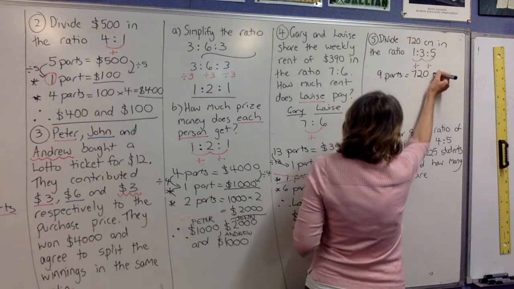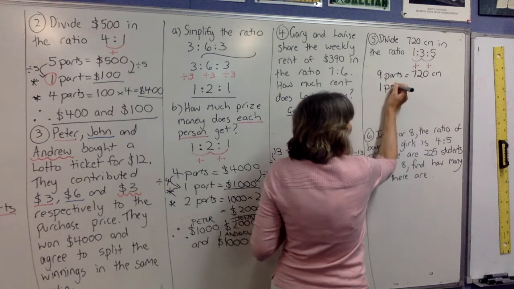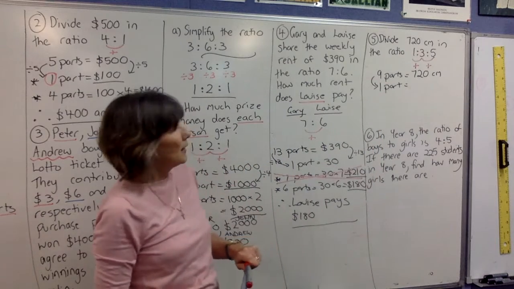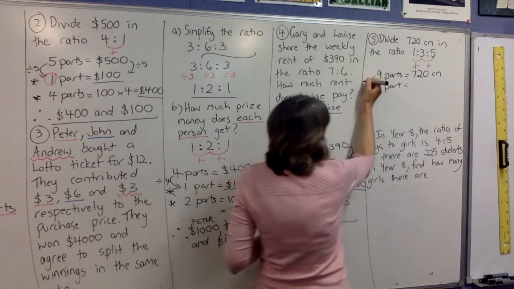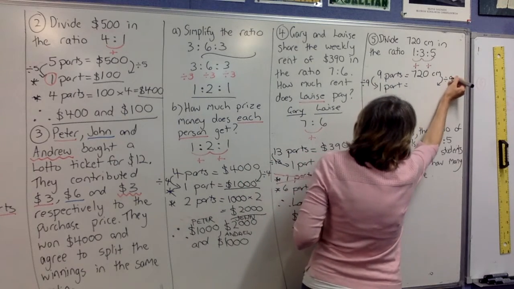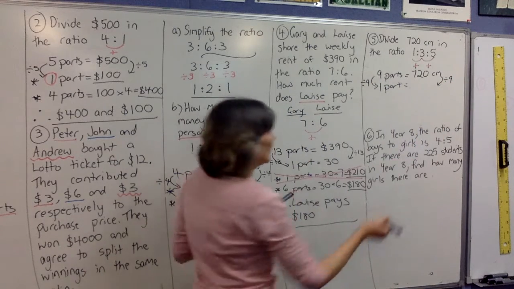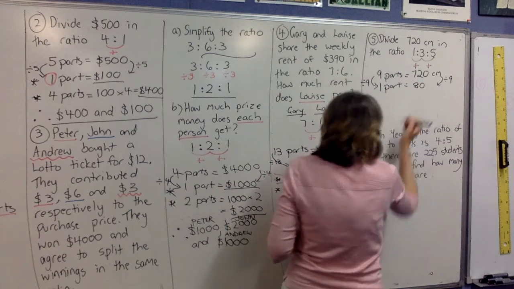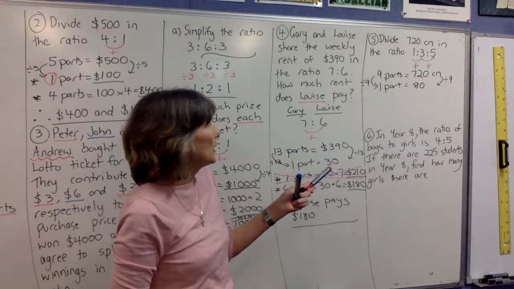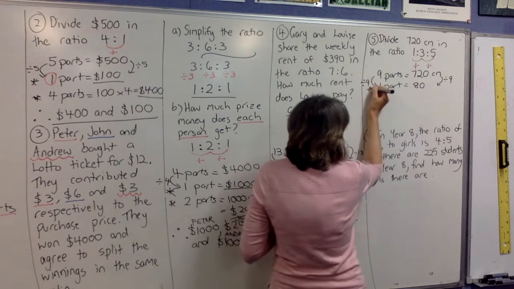Okay, so we're going to find one part first, like we always do. What do you do to 9 to get an answer of 1? You divide by 9. Same to the other side. If you do that on your calculator, you're going to get 80. Now we have to find all 3 numbers in the ratio. This one we already have.